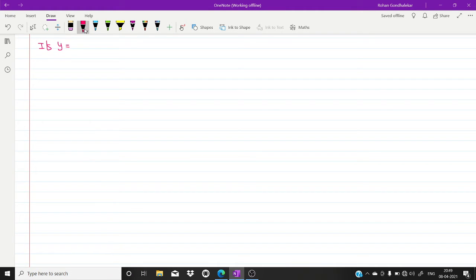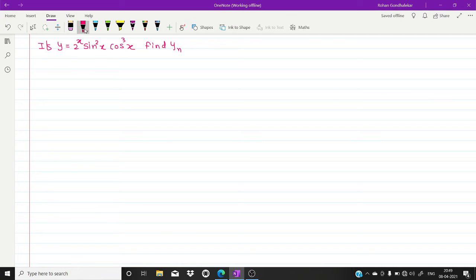If y is equal to 2 raised to x into sin square x into cos cube x, find yn. Now how to evaluate this?